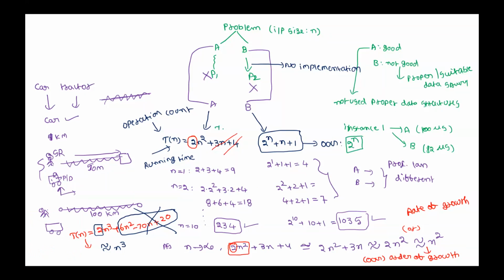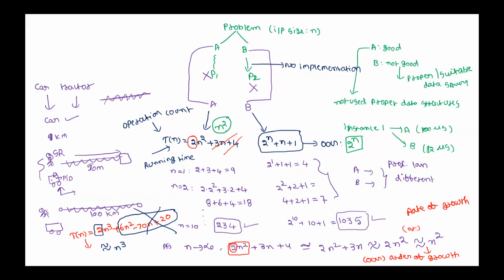This is n square. Now the final point: whichever algorithm's running time has the lower order of growth, we say that the corresponding algorithm is better for solving that problem in general. Out of A and B, algorithm A has the lower order of growth.